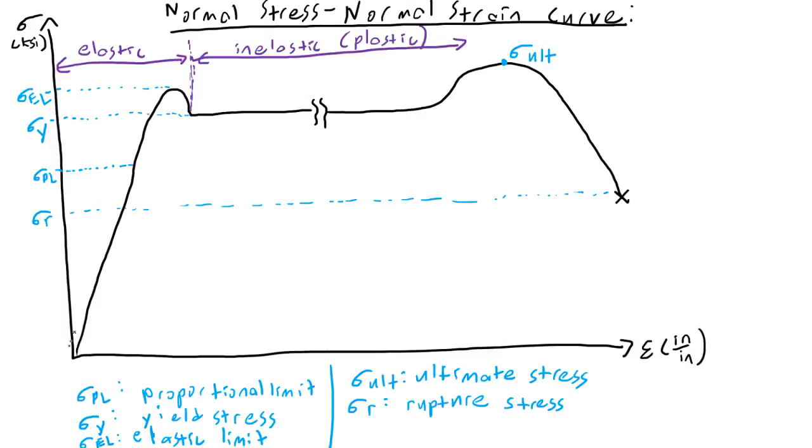So it is not linear for the entire elastic range, but what fundamentally separates the elastic from the inelastic zone is that in the elastic zone, all of the material in a section is under the elastic limit.